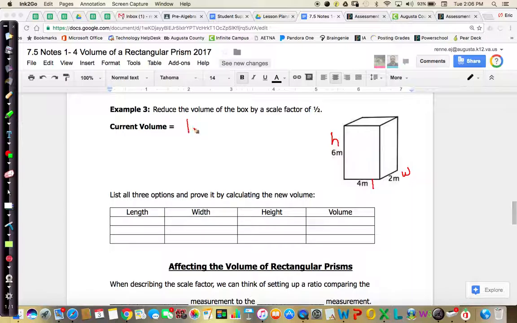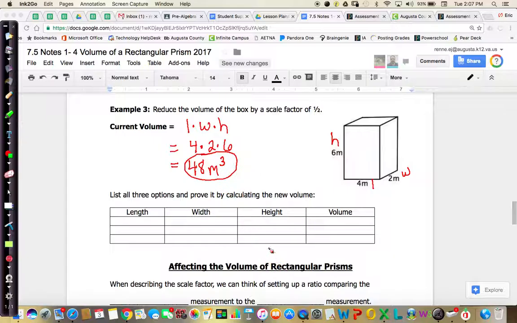And then we always write our formula, length times width times height. And we put an L next to the 4, we put a W next to the 2, and we put an H next to the 6. So we're doing 4 times 2 times 6, and that is 48, and our label is meters cubed. Okay, volume is always cubed.